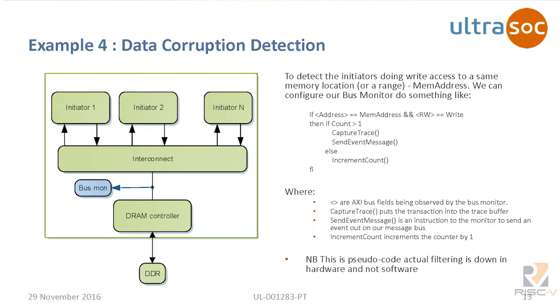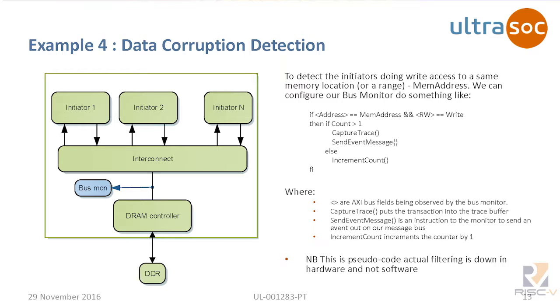Again, with the bus monitor, we can look at exploits because it sniffs the traffic going on the bus. We can look for certain classes of data corruption. So we can say initiator 1 here has some data structures in memory which get corrupted by some other initiator. So we can configure the bus monitor to look for accesses to that region of memory.